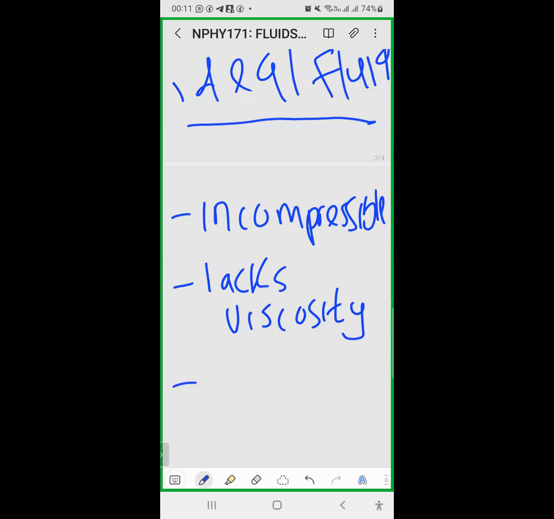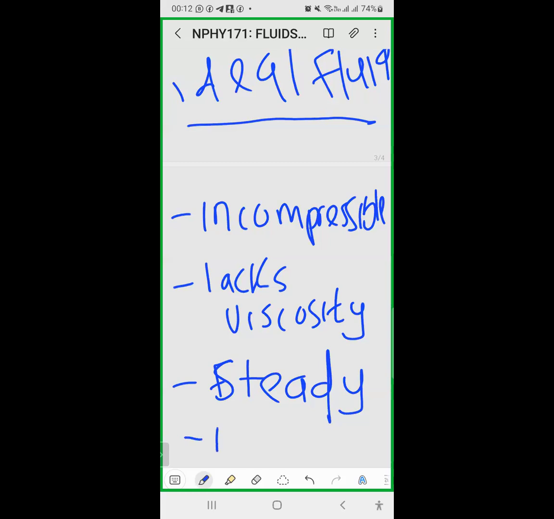And then the third characteristic is that the flow needs to be steady in order to classify that fluid as an ideal fluid. Steady means that there is no change at a point in time.